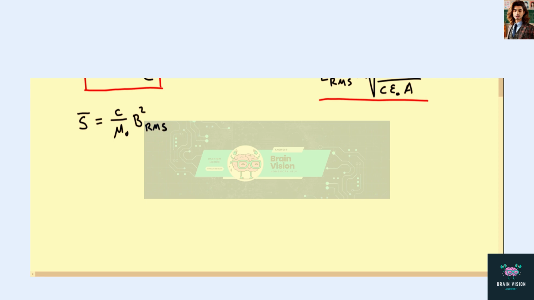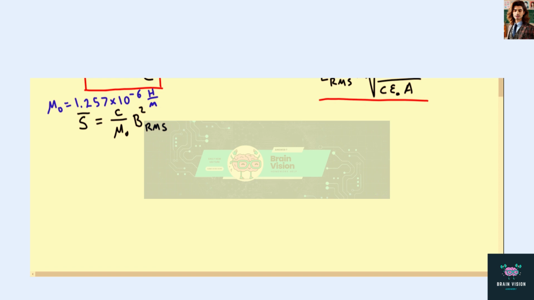And so mu naught there is the vacuum permeability. Mu naught has a value of about 1.257 times 10 to the minus 6 units of henries per meter. So that's what we'll be using there.